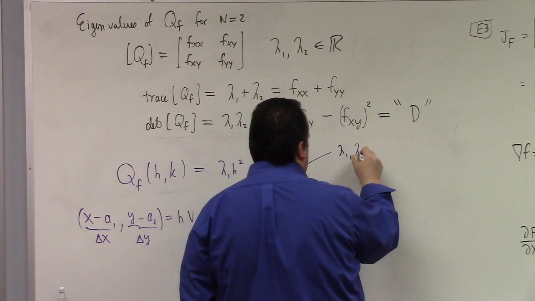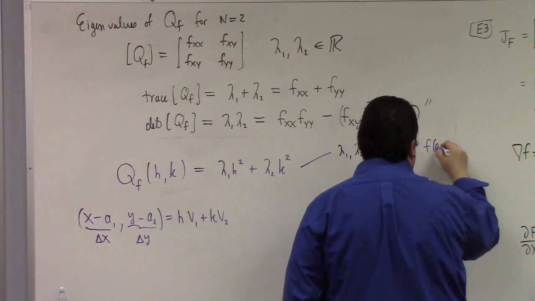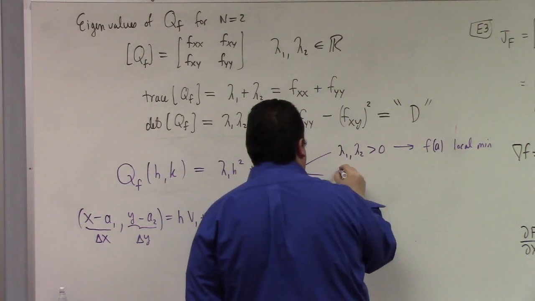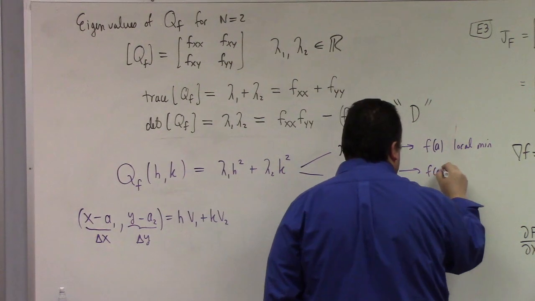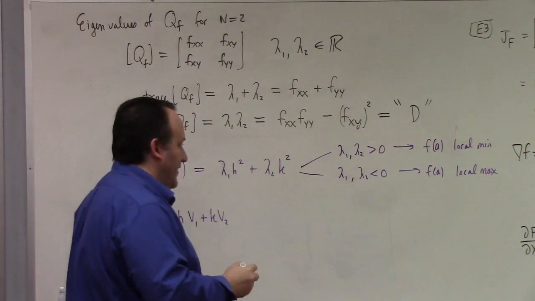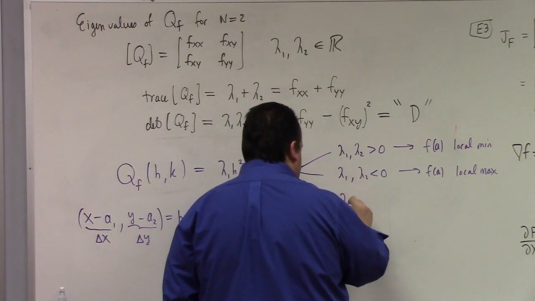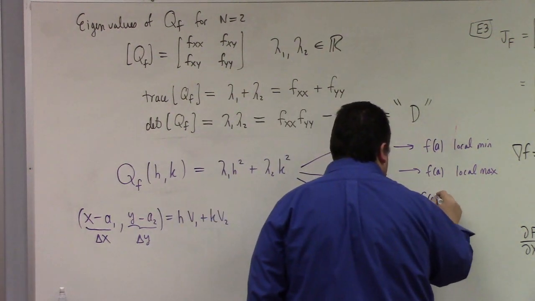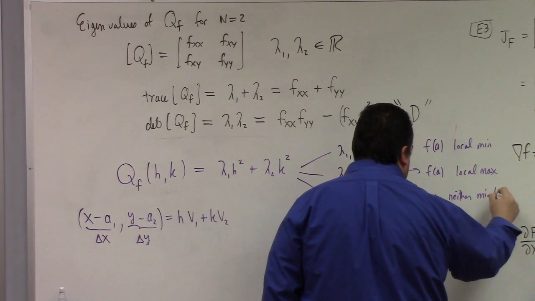If lambda 1 and lambda 2 are both positive, that says f of a is a local min. If both of the eigenvalues are negative, that says f of a is a local max. If it's a mix, if the product of the eigenvalues is less than 0, that says f of a is neither min nor max.